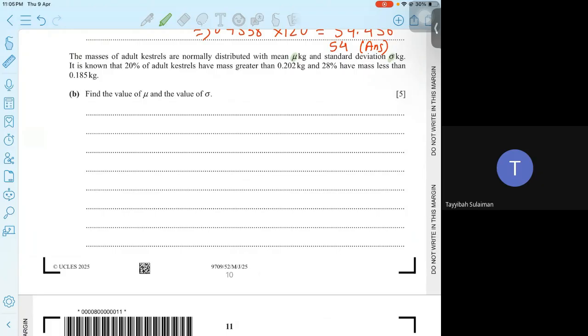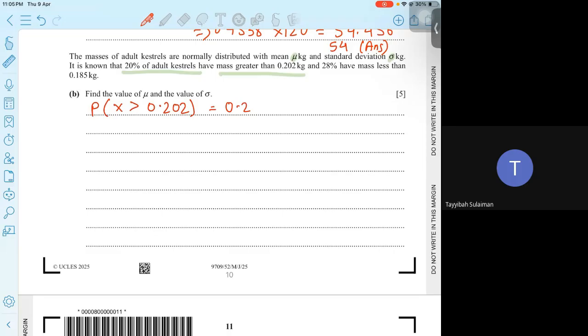Okay, so the question tells us that it is known that 20% have mass greater than 0.202. So in notation, it means something like this. X is greater than 0.202, and the probability of that happening is 0.2, basically 20%, right? I hope all of you understand this.